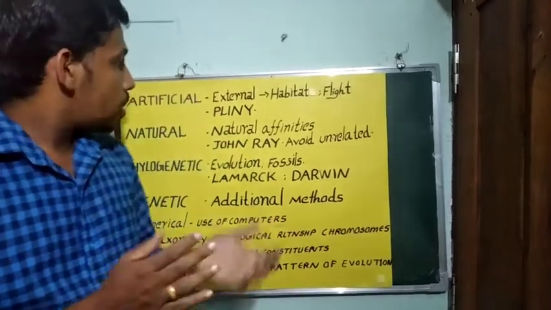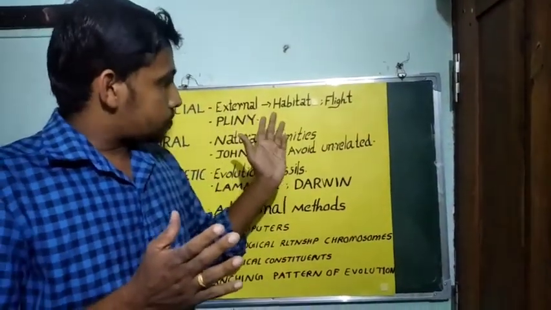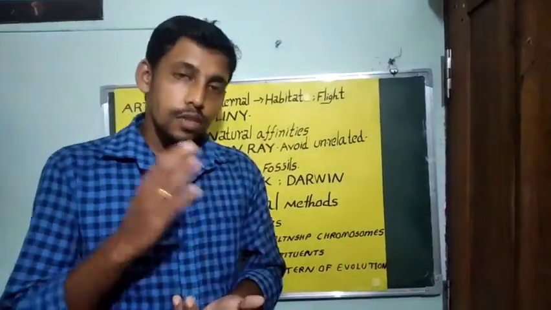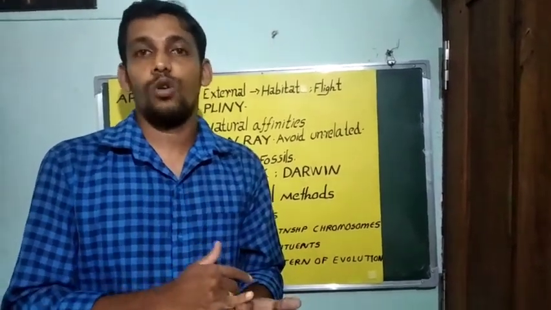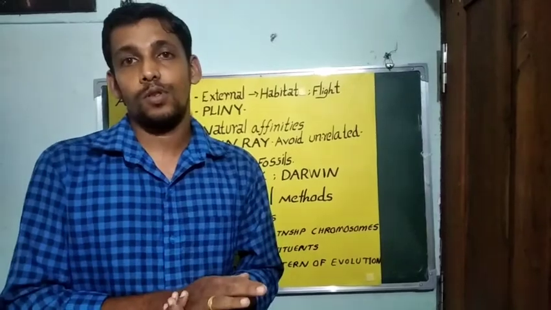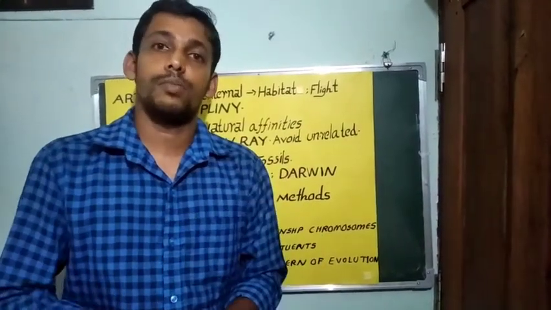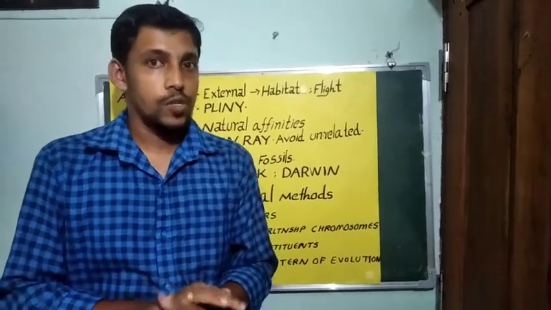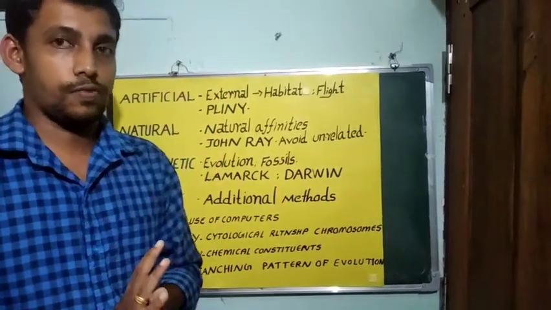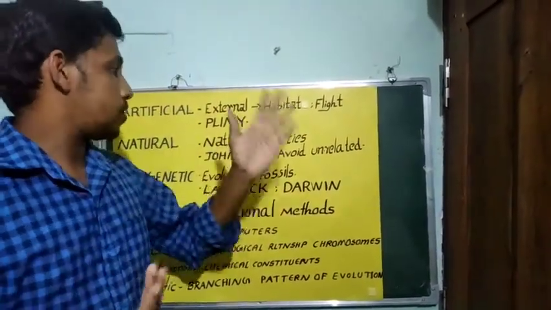Bats, birds and insects all can fly, so all of these diverse organisms may come under the same group. So there are many demerits for this type of artificial classification.